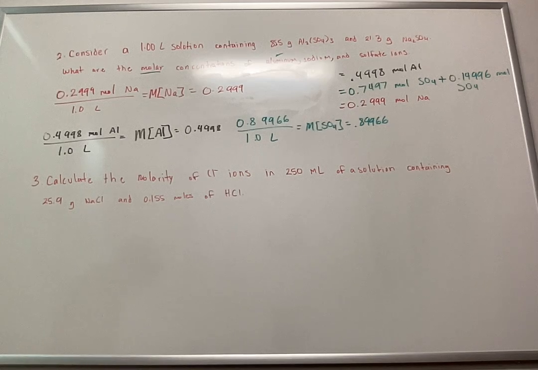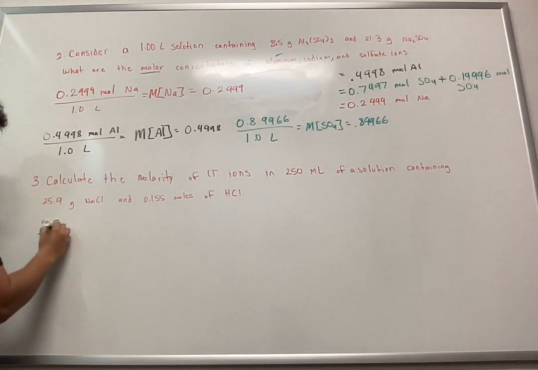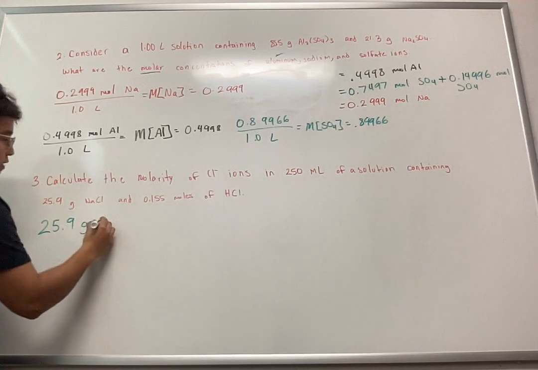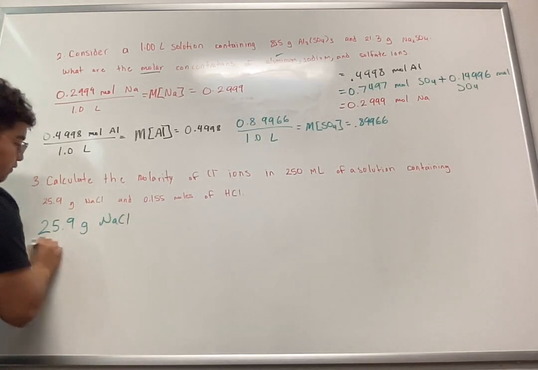Second question, calculate the molarity of chlorine ions in 250 milliliters of a solution containing 25.9 grams of NaCl and 0.155 moles of HCl. Let's do this one real quick. We got 250 milliliters of a solution containing 25.9 grams of NaCl over 1.